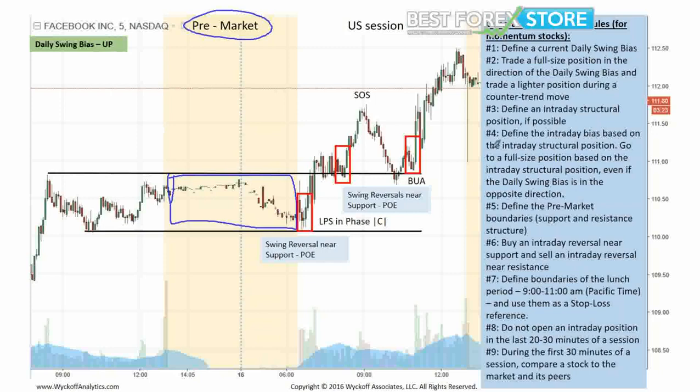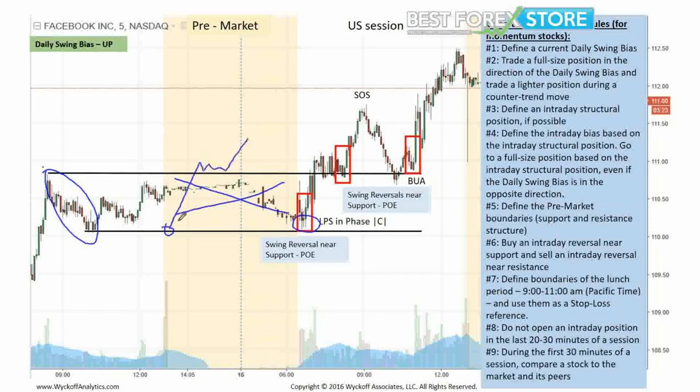So for instance, imagine if we wouldn't have this data right here, then we would have this change of character, and then we would have this low right here, and then the price goes up. So what does it mean? What is this point? Was there a price going down, up to this point?